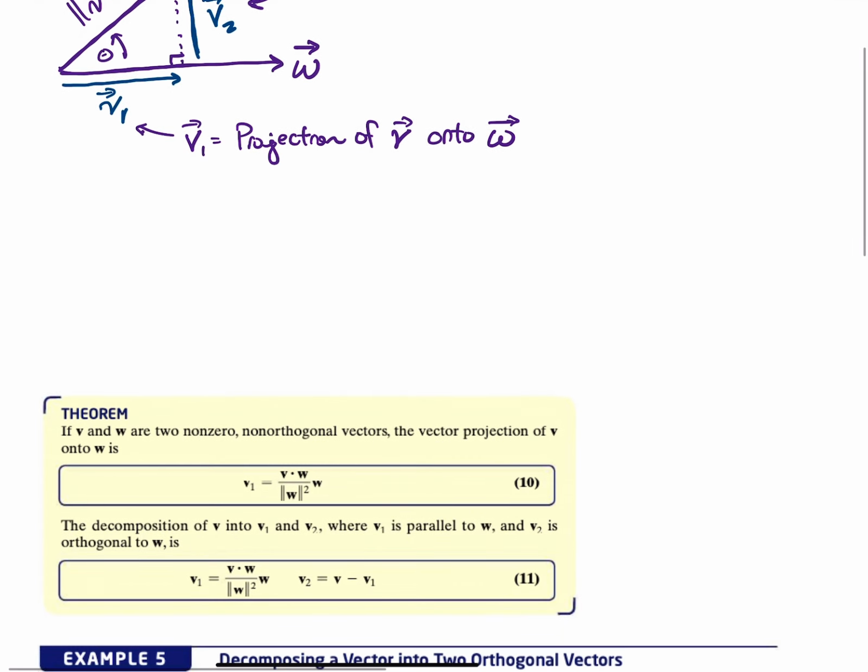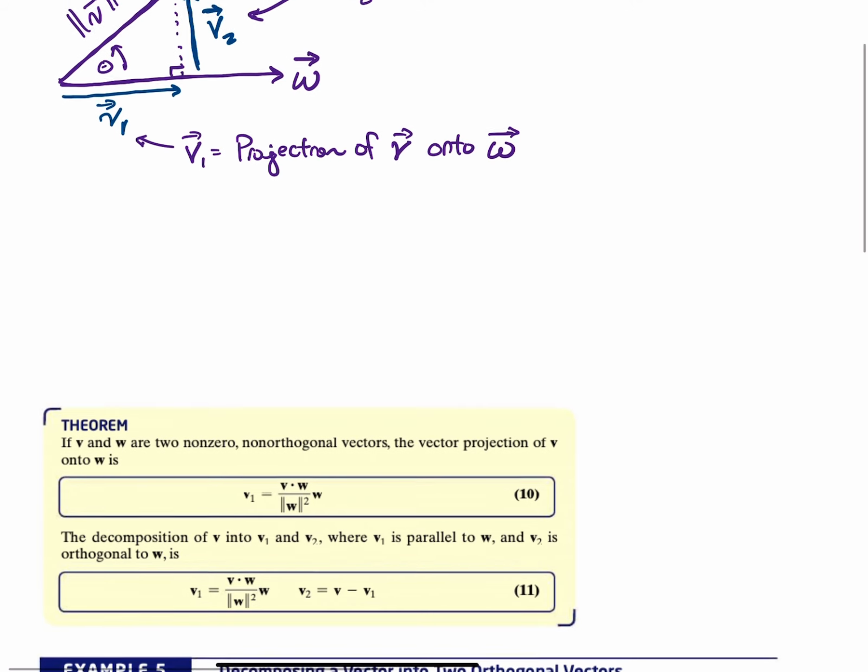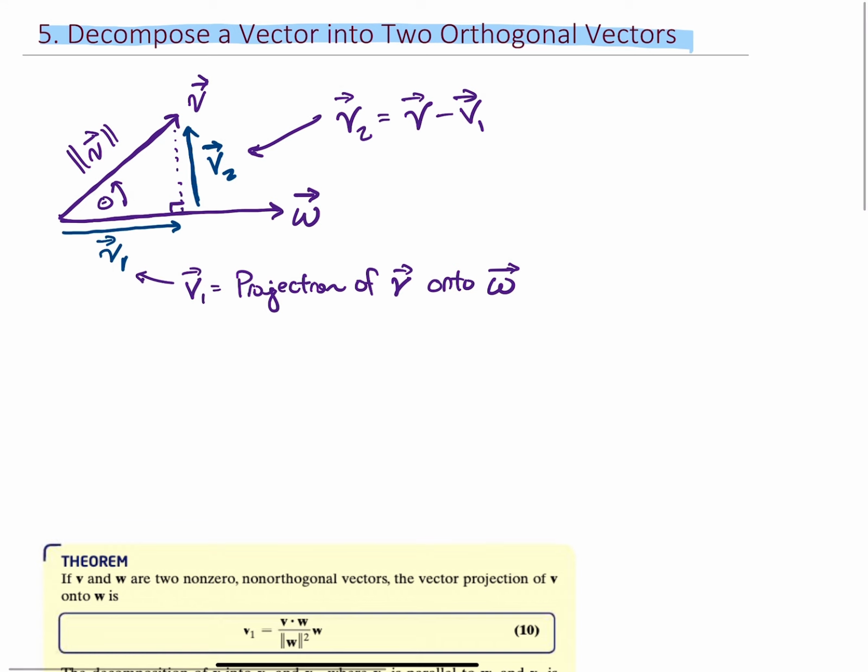And just looking ahead, we have this kind of messy description. We see it'll be ultimately described as v dot w divided by the magnitude of w squared times the vector w. So that is some scalar applied to the vector w. We're scaling it down. But I just want to show where this formula will come from.